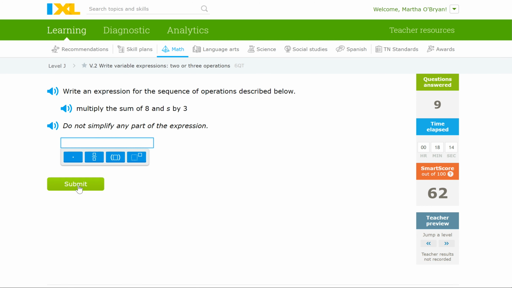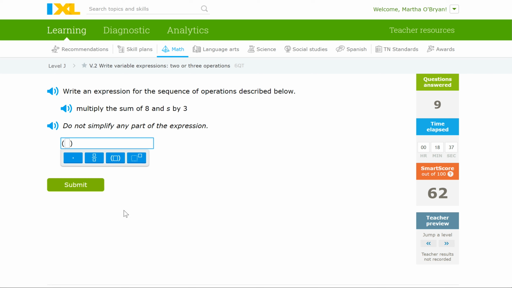Okay, multiply the sum of 8 and s by 3. Once again, we're definitely going to need parentheses, because that sum times 3 is going to be different than 3 times just one part of that sum. So there's a bunch of different ways we can do this.